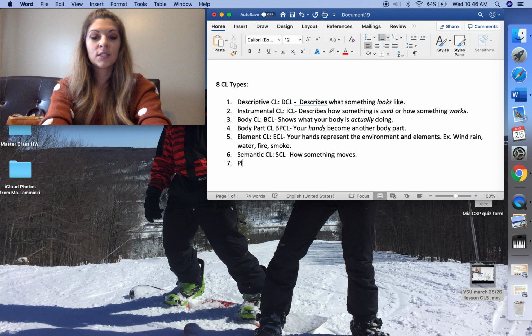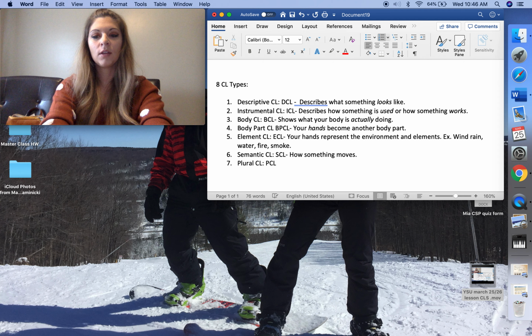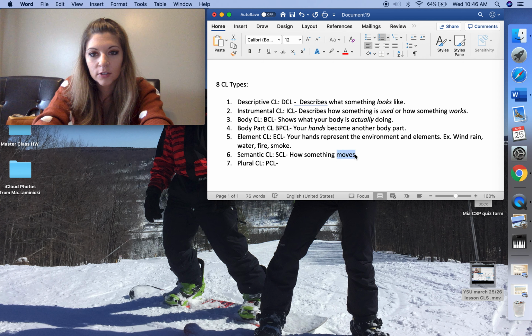Number 7 is a plural classifier. This definition sometimes seems silly when I'm writing it in class and people laugh. PCL. But let me just highlight your italicized moves because that's what's important.